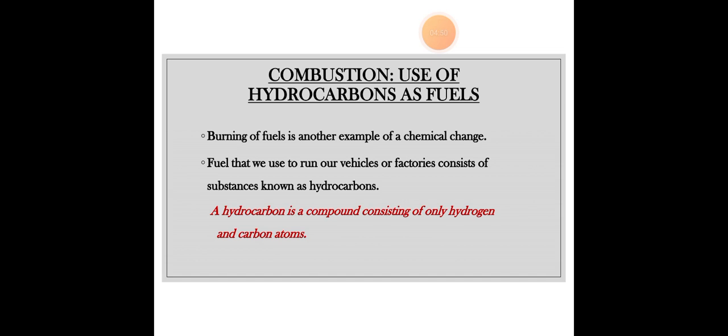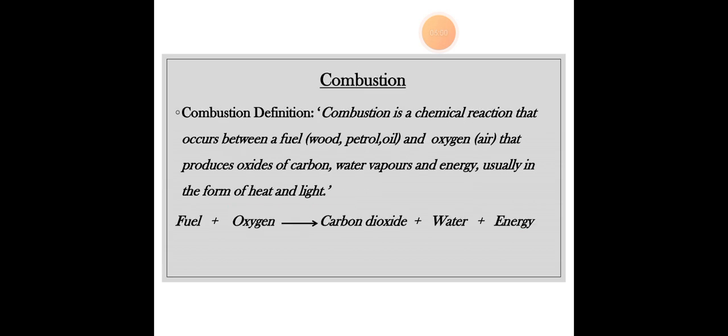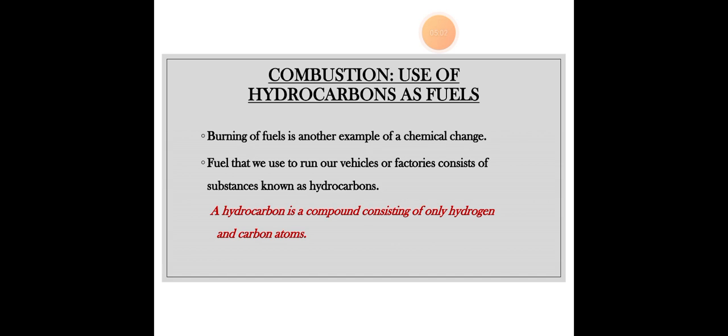Now, combustion: use of hydrocarbons as fuel. Burning of fuels is another example of a chemical change. Again, burning of anything is an example of a chemical change. The fuel that we use to run our vehicles or factories consists of substances, and some of the substances present inside it are known as hydrocarbons.